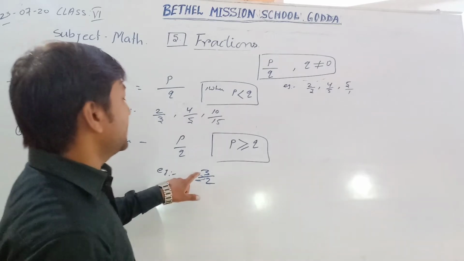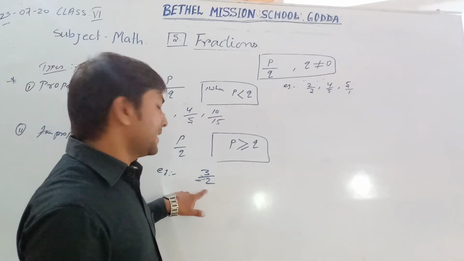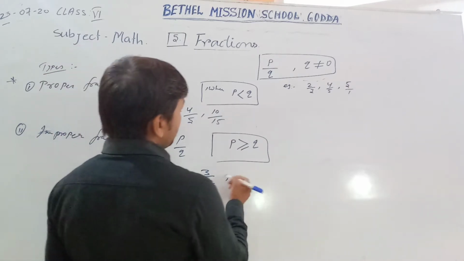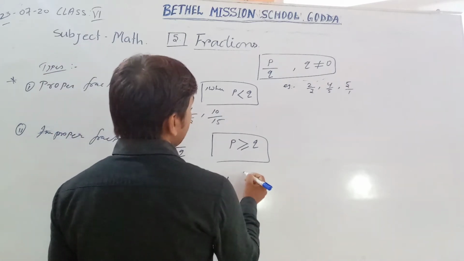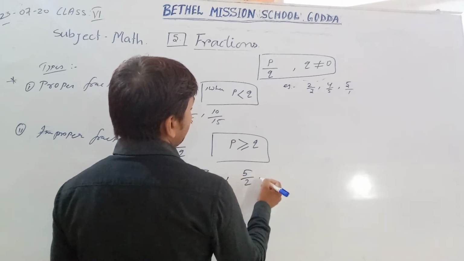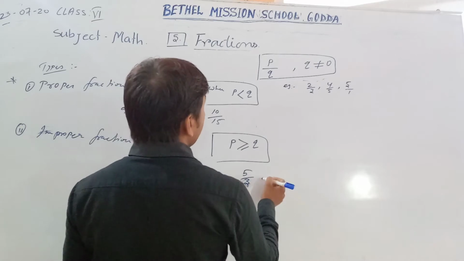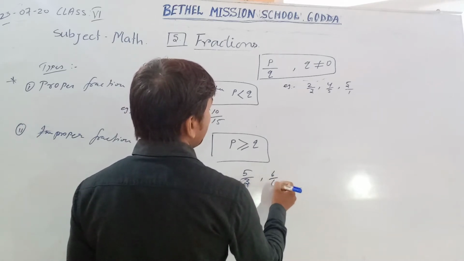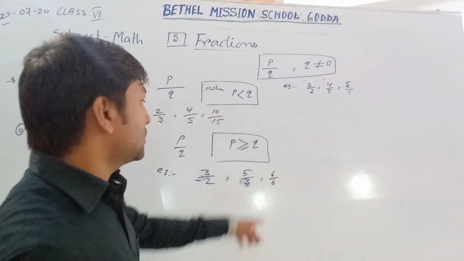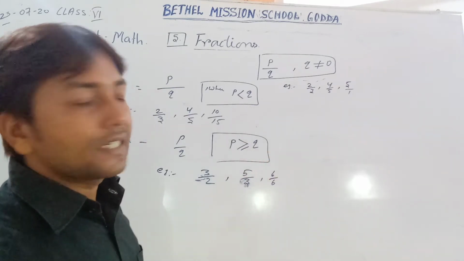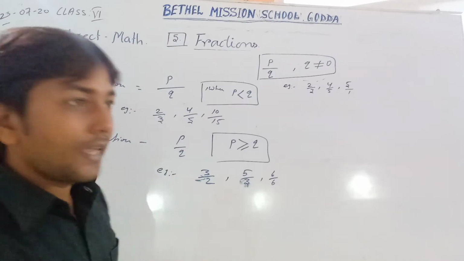The numerator is greater than the denominator, so this is an improper fraction. Also 5 upon 2 or 5 upon 3 are improper fractions. Also we can write 6 upon 6. When the numerator and denominator are equal, we can say this is an improper fraction.